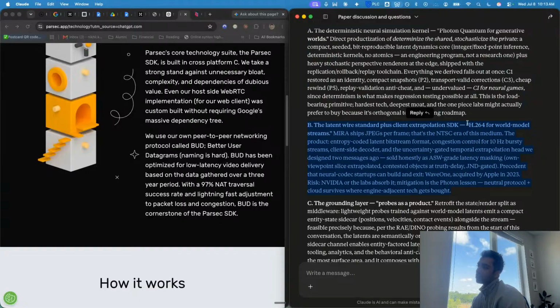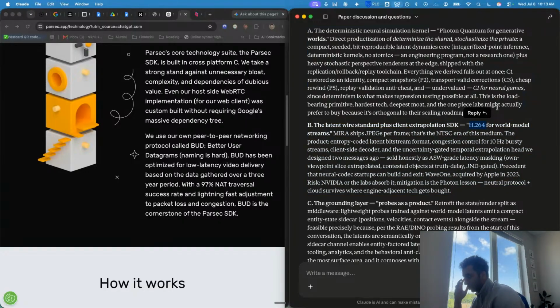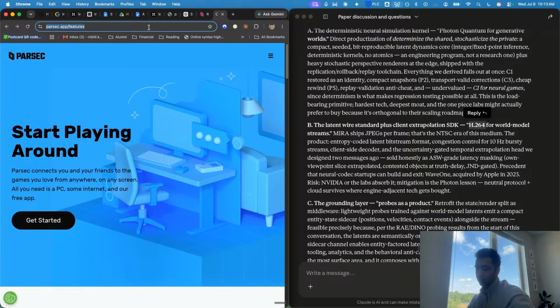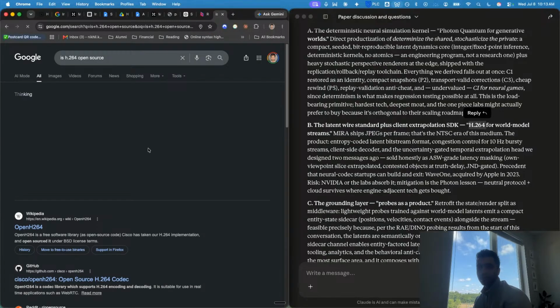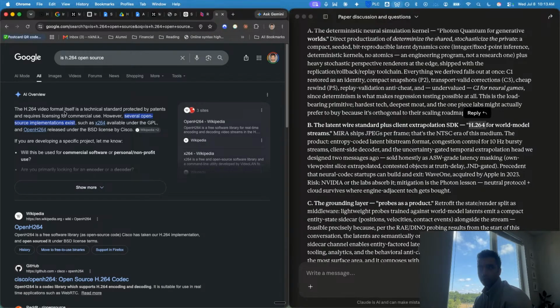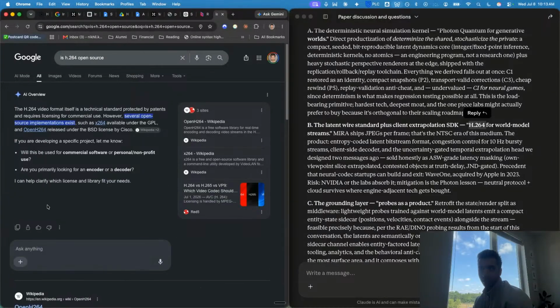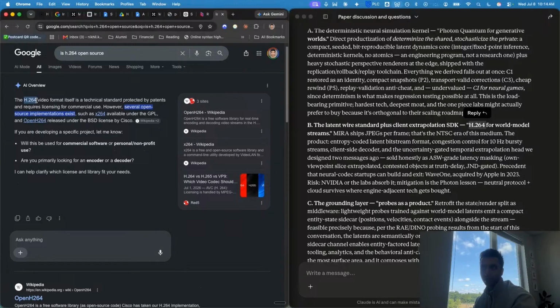This I've looked into. H.264 is a codec for video, and I think it's open source. Is this open source? Oh, okay. Wait, so who owns the license?